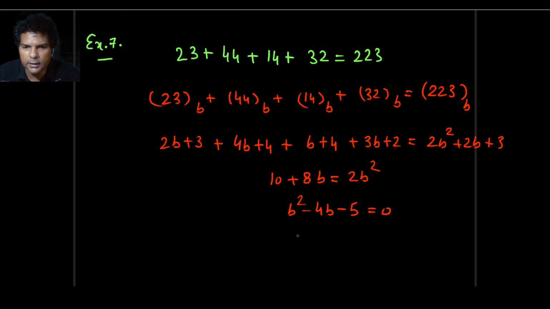This is a quadratic equation, so b is equal to 5 is a valid value of the base. The base can never be negative, and it cannot be less than 5 either, because the number here contains the digit 4. So the correct value of the base is 5.